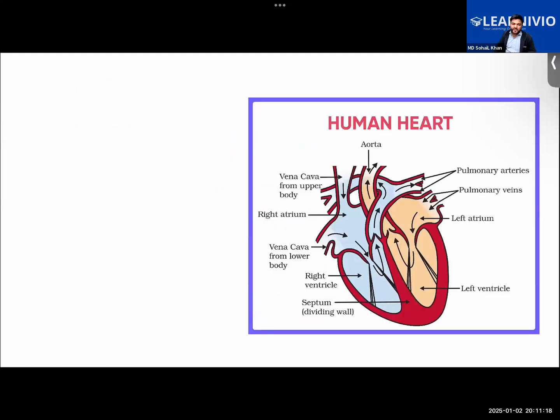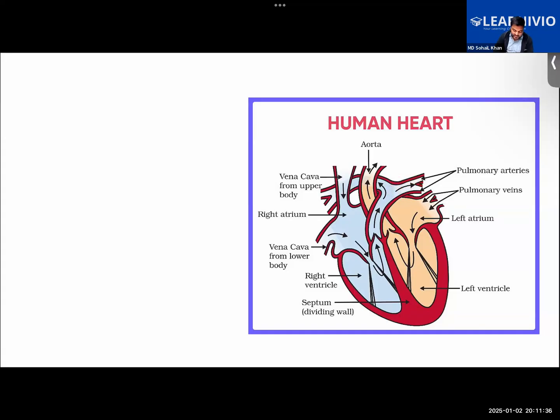Further, there are some special types of blood vessels, like the pulmonary artery. Generally, we know that an artery contains pure, oxygenated blood, right? But the pulmonary artery, as you can see here, is a special blood vessel that connects the heart to the lungs.